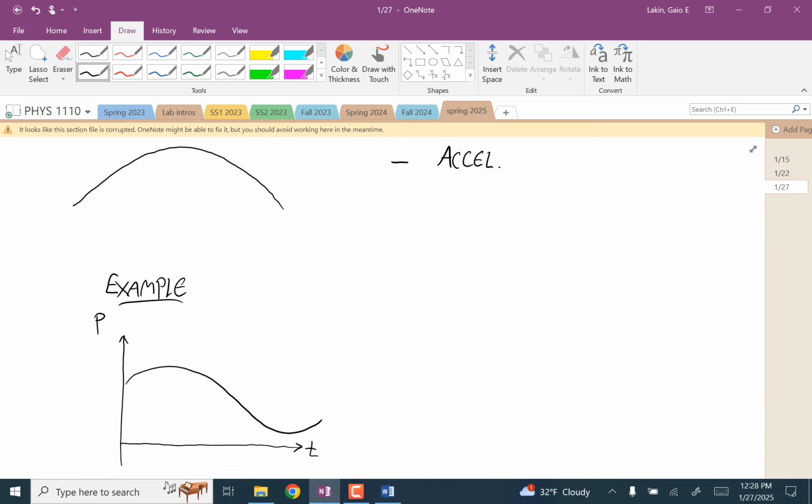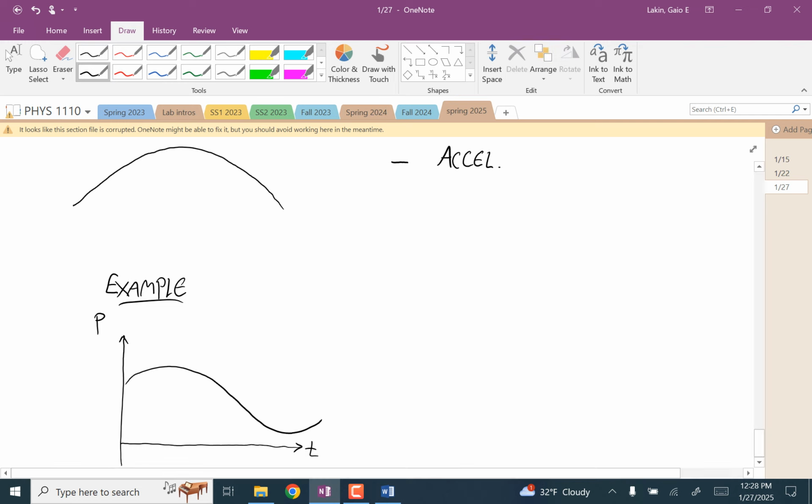And remember, this motion looks curved, but this is a representation of a one-dimensional motion. So this is just telling you how this object is moving back and forth along a line. Okay, the object isn't following a path like that.